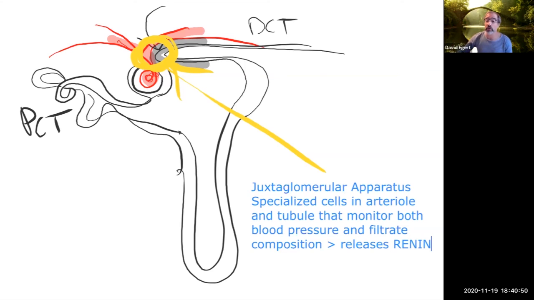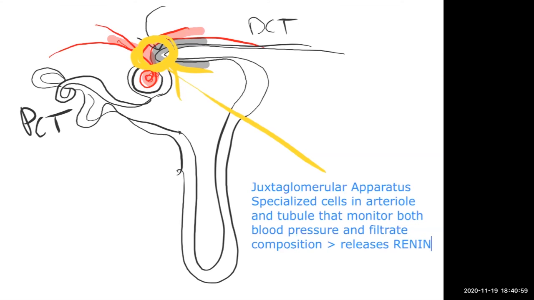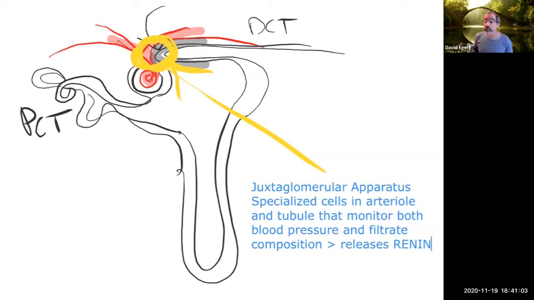What are the different things ADH does to keep your blood pressure up? Reabsorbs water. So one is it's keeping the water, keeping your blood volume up. We just saw it's about keeping water in your body, and we said keeping blood volume up is an important way of keeping your blood pressure up.